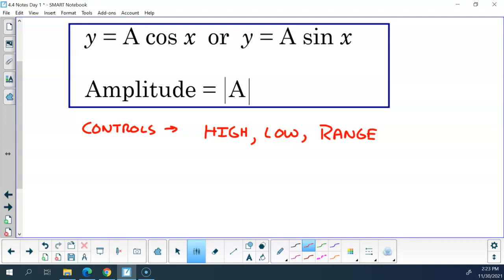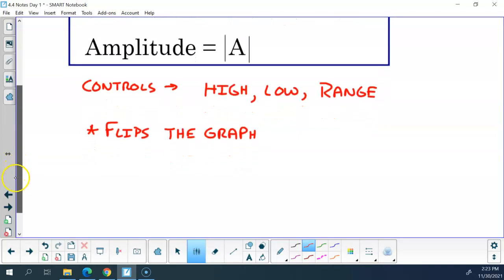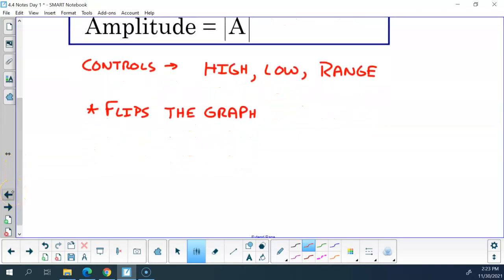What it also does is it flips the graph. Meaning, if you have a positive A value, cosine is going to look like that. We just graphed a couple. Sine is going to look like that.